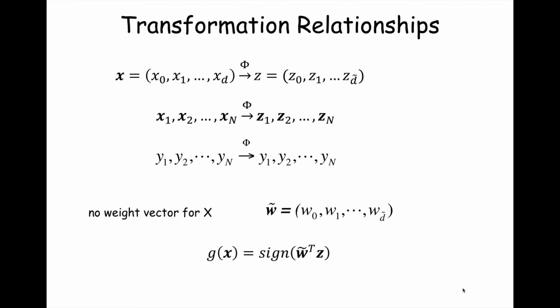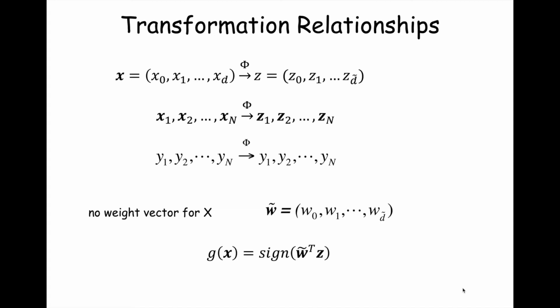And so there's no weight vector for the hypothesis in X space. There is a weight vector in Z space because that's the representation in which we're learning the classifier, searching for a final best hypothesis. And so for that reason, we say W tilde to correspond to each position of this weight vector in feature space. There's a weight for each of these corresponding positions in our Z vectors. Does that make sense? Okay.